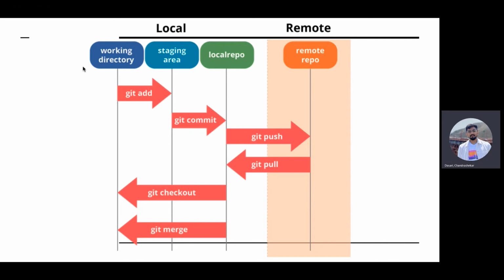And then let's say you made some changes to the working directory, like you changed a text file or created a new file, deleted a file, everything counts, right? Now you want to make sure those changes are permanent for everyone else. So to do that, you first stage all of your changes by doing git add, and then commit them to your repo, which is basically your .git folder, using git commit.